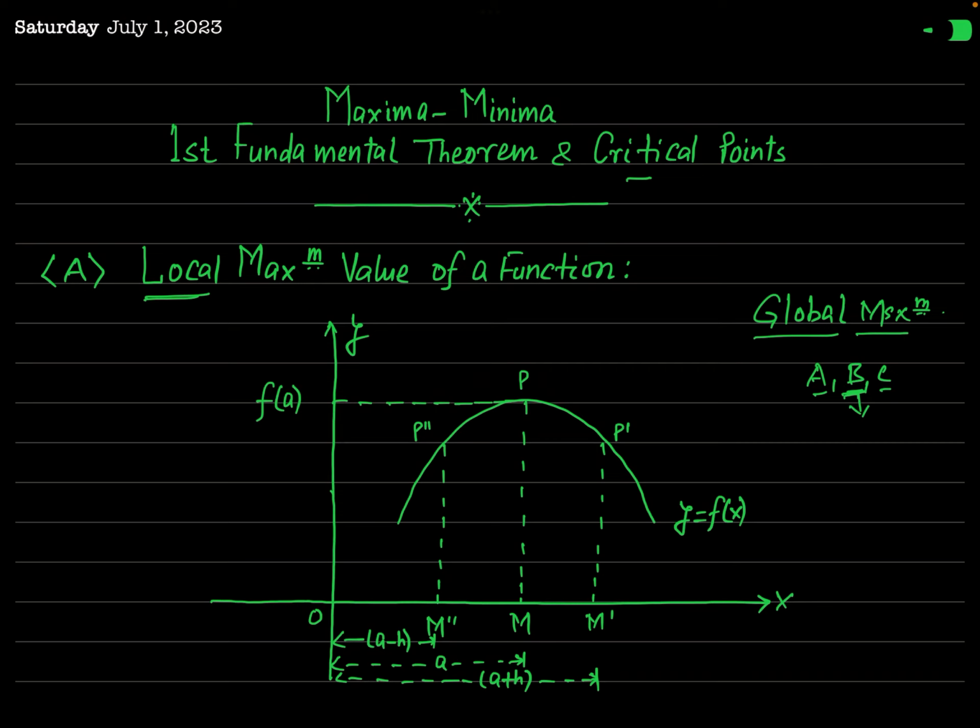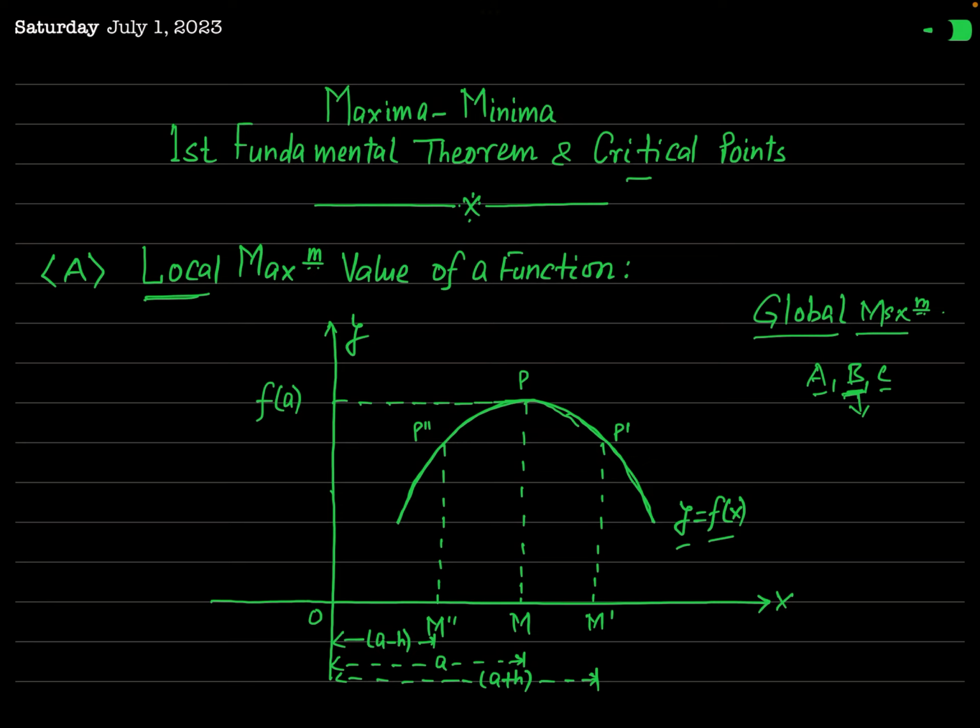Here I have considered an arbitrary curve, represented by an arbitrary equation y equal to f of x, because the equation of any curve is simply a relation between the variables y and x. So y equal to f(x) is just an arbitrary equation of this curve.